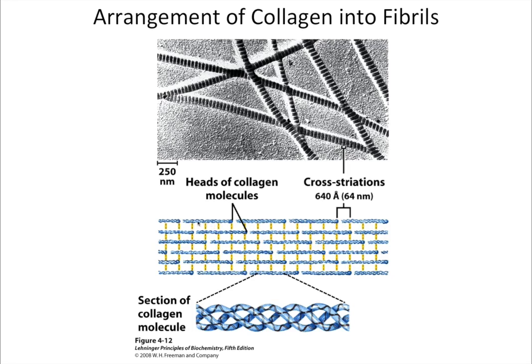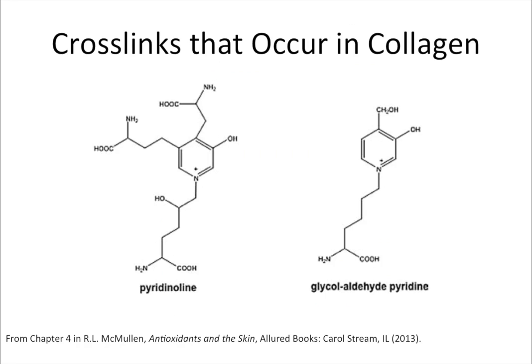So each one of these little sections here is a triple helix, or 3 alpha chains wrapped together. You can see that you have this section here where there's some space. Then you have another alpha chain down here, another one over here. And depending on the pattern that these present, you essentially have these bands that occur, and that's again essentially due to the staggering of these alpha chains, or of the 3 alpha chains wrapped together.